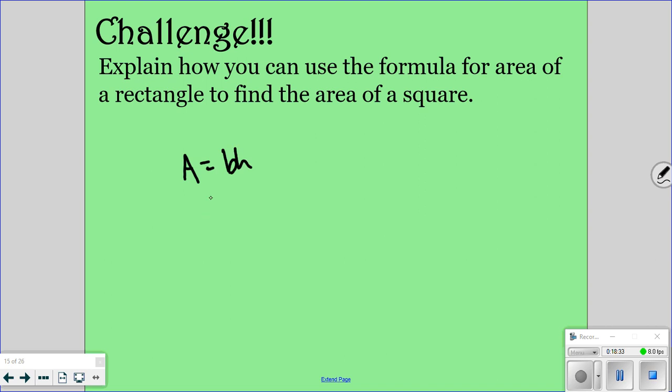And for a square, the base and the height are equal. So area for a square can either be base squared or height squared. So either one of those would be fine. Okay, so not a terribly difficult challenge question. You probably are familiar with how to find the area of a square.